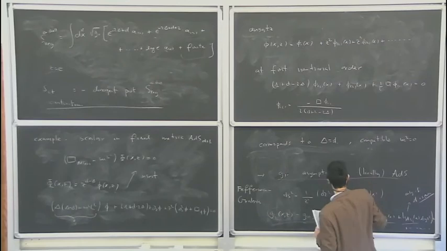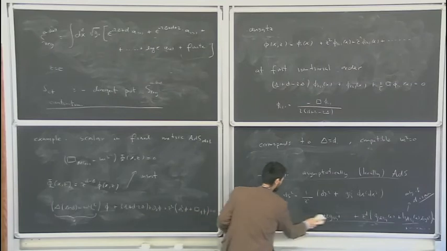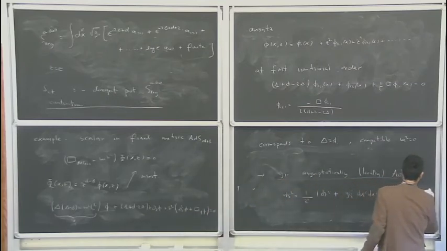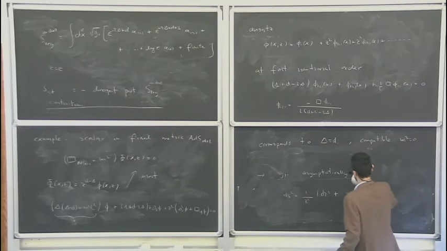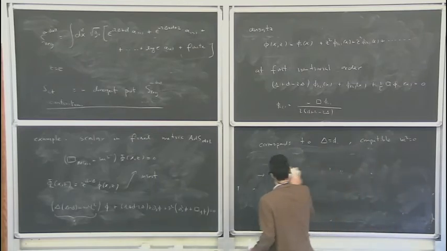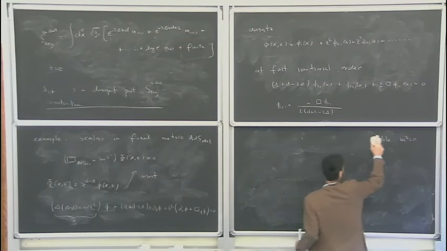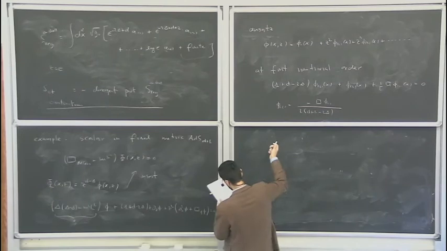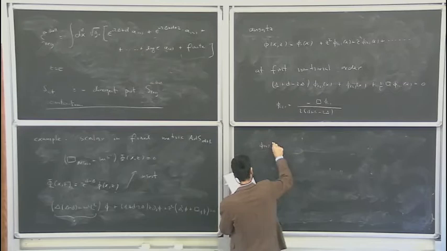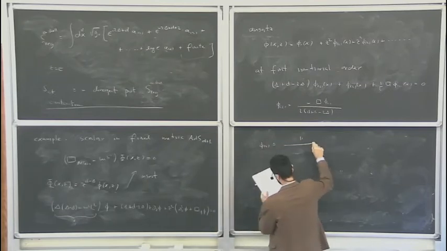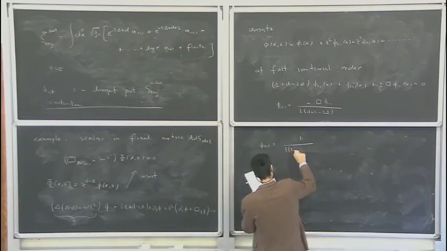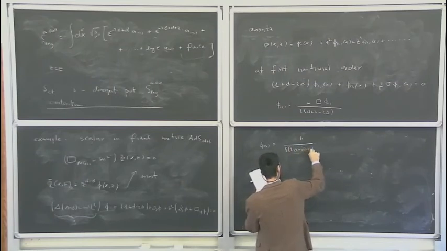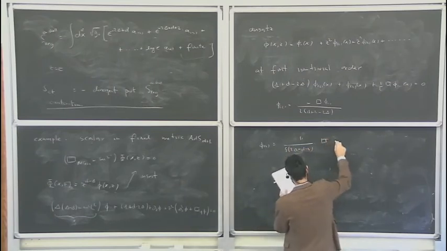At next order, did I want to leave the metric? Well, okay, I will rewrite the metric when it's needed. At next order, you get a similar equation, and you get that phi 4 is equal to 1 over 4, 2 delta minus d minus 4, box of phi 2.